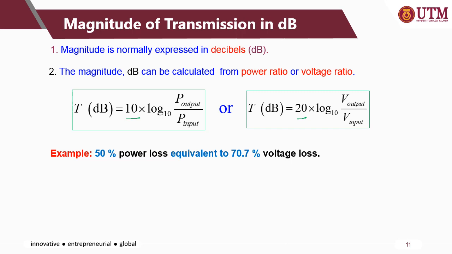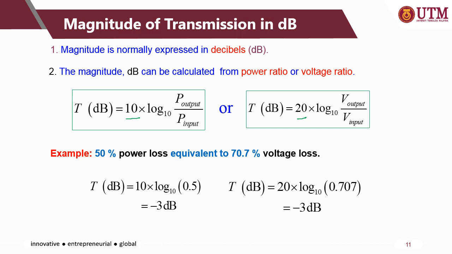Alright, let's look at an example. As I have mentioned earlier, when you have 50% power loss, it is represented by the -3 dB line from the power plot, and it is equivalent to 70.7% or 70% of voltage, which is equivalent to the -3 dB point.